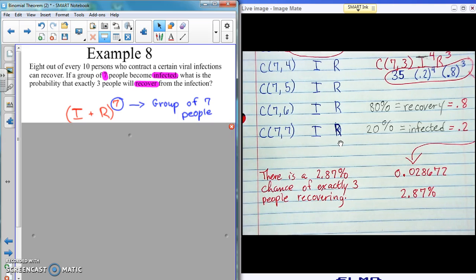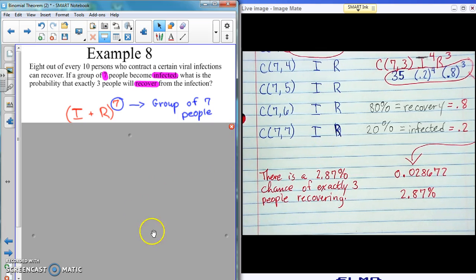There is a 2.87% chance of exactly 3 people recovering. And that's it. So this one should have been a little bit easier because we didn't have to do a bunch of stuff. We just had to do one thing.